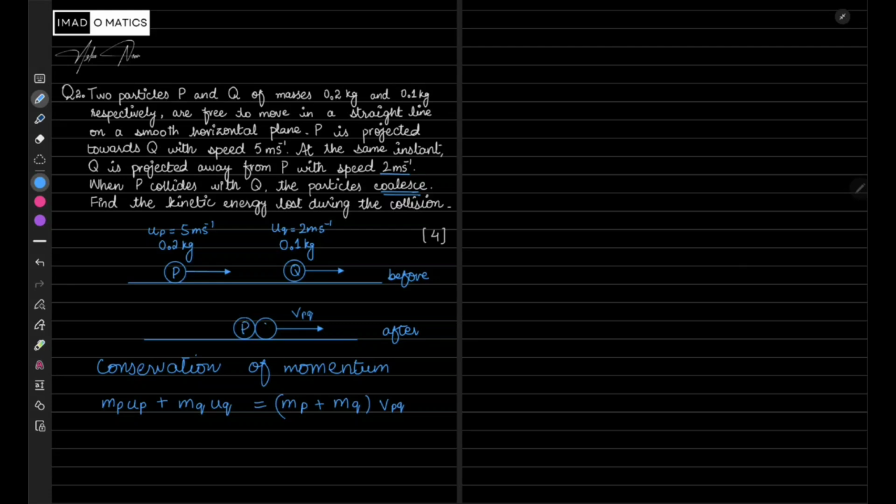Now, what we will be doing, we know the mass of P was 0.2. So 0.2 and its velocity was 5 plus 0.1 times 2. Now the thing is, mostly in these questions, the problem arises when we have to deal with the opposite directions, but here both the directions are same, so we don't need to take velocity positive and negative, both will be positive.